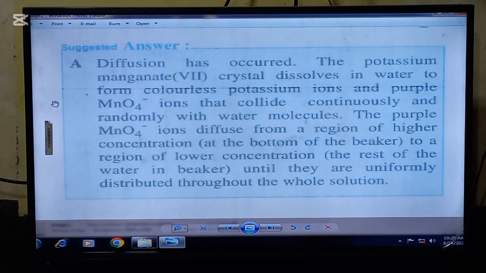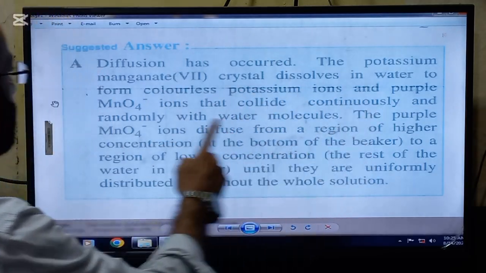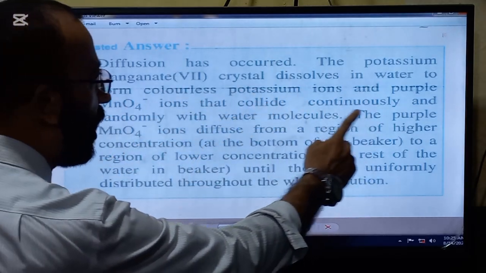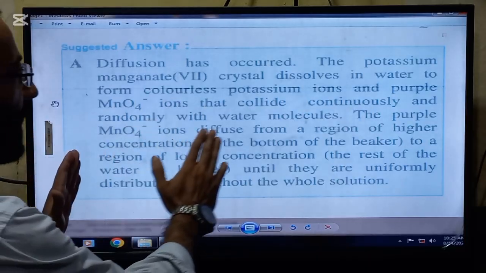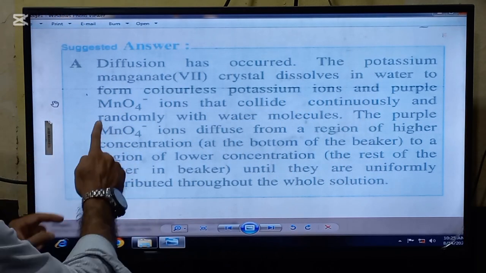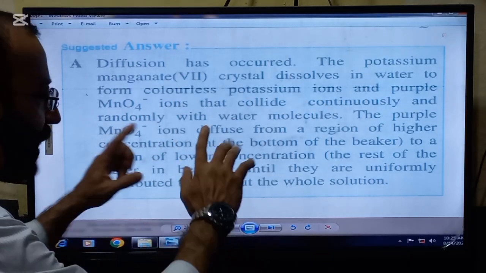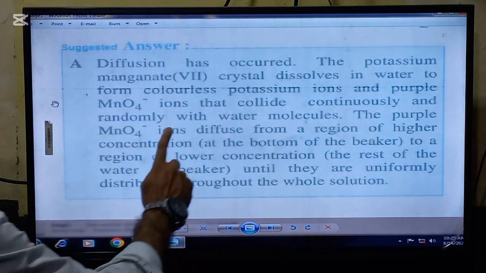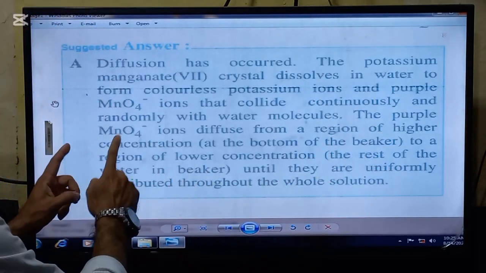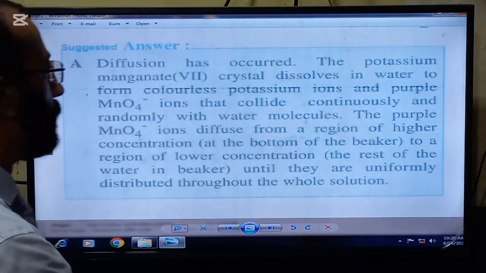And the answer will be A part. Diffusion has occurred. The potassium manganate crystal dissolves in water to form colorless potassium ions and purple manganate ions. So these manganate ions will be responsible for the purple color throughout the liquid, that collide continuously and randomly with water molecules and with each other also.